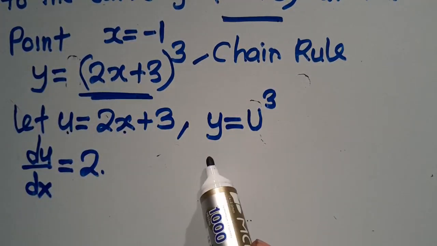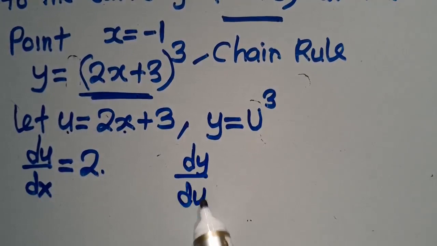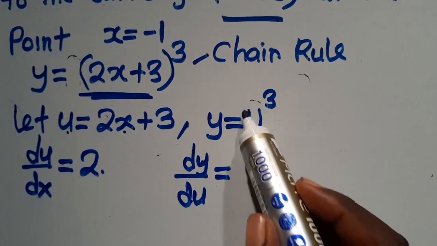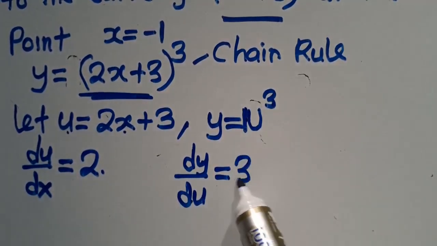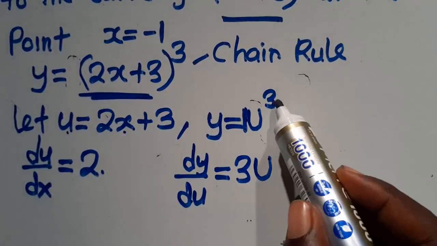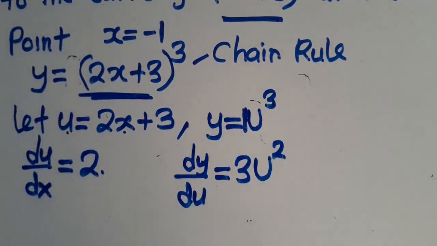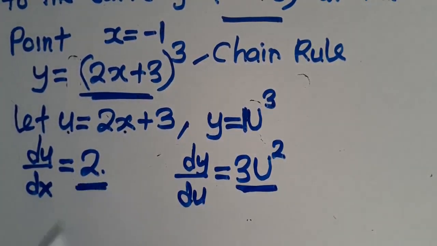We go to this one. We are differentiating y with respect to u. So we say dy/du is equal to 3 times u, then 3 minus 1, you get a 2. So dy/du is 3u squared, and du/dx is 2.